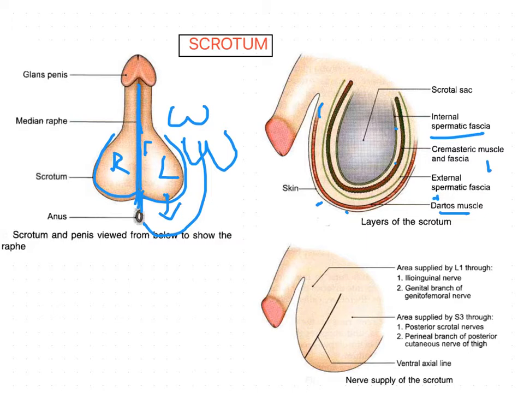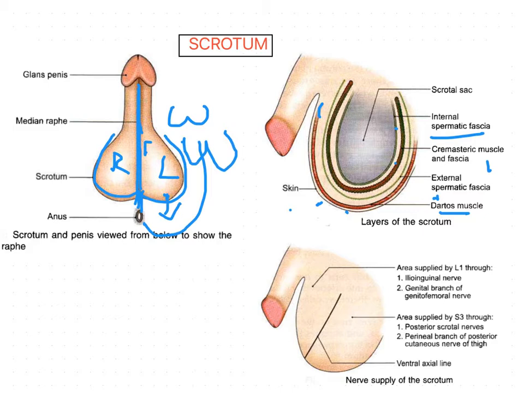So what are the layers? Skin; normally next to the skin the superficial fascia is present, but here it is replaced by the dartos muscle; then the external spermatic fascia, the cremasteric muscle and fascia, and the internal spermatic fascia.